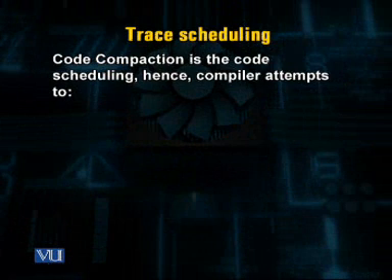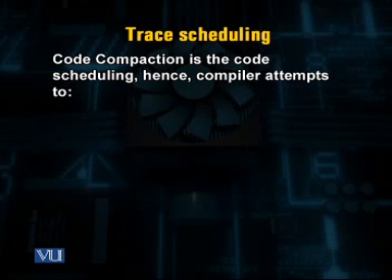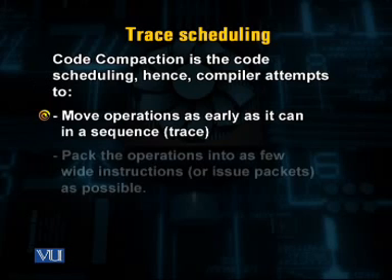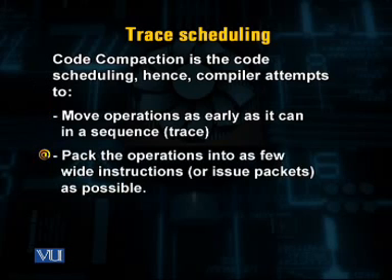The second step for the trace scheduling is the code compaction. The code compaction is basically the code scheduling where the compiler attempts to move operations as early as it can in a sequence that is the trace, and then it packs the operations into as few wide instructions or issue packets as possible.